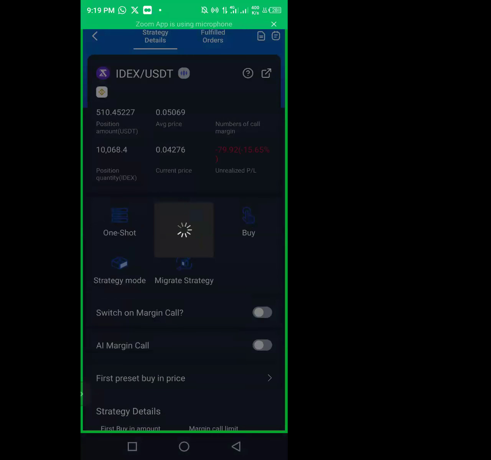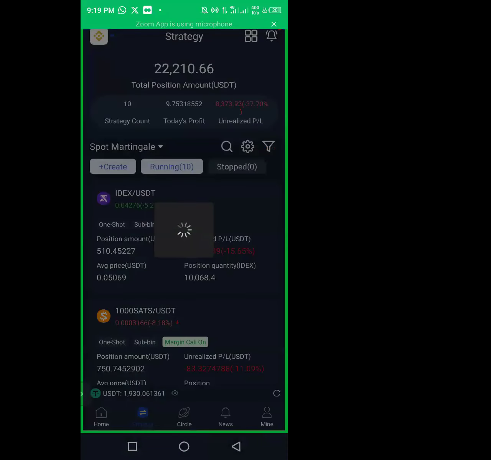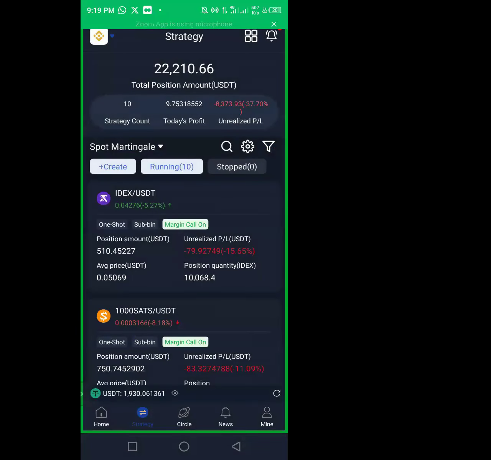Then the fourth thing I also check is my spare USDT. If what I'm having here is like 600, I won't do what I'm about to do, the manual replenishment. I will just allow my robots to be buying the margin calls and be selling.